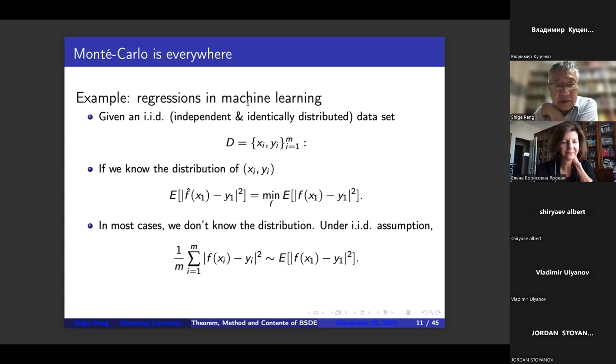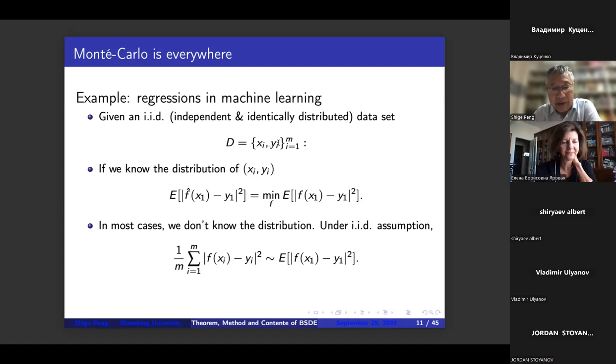In many cases, especially in supervised machine learning, we are given a sample, and this sample is usually seen as independent and identically distributed data. This data can be written like (x_i, y_i).